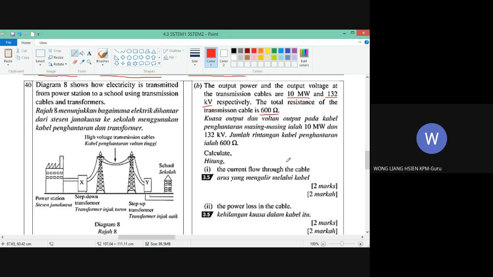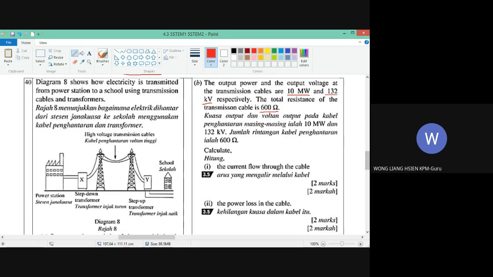You need information about the cable. The information given is 10 megawatt power, 132 kilovolt, and the resistance of the cable is 600 ohm.